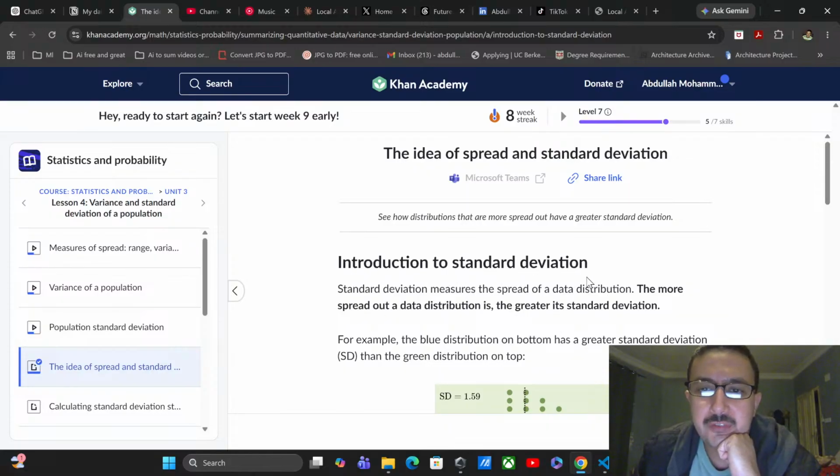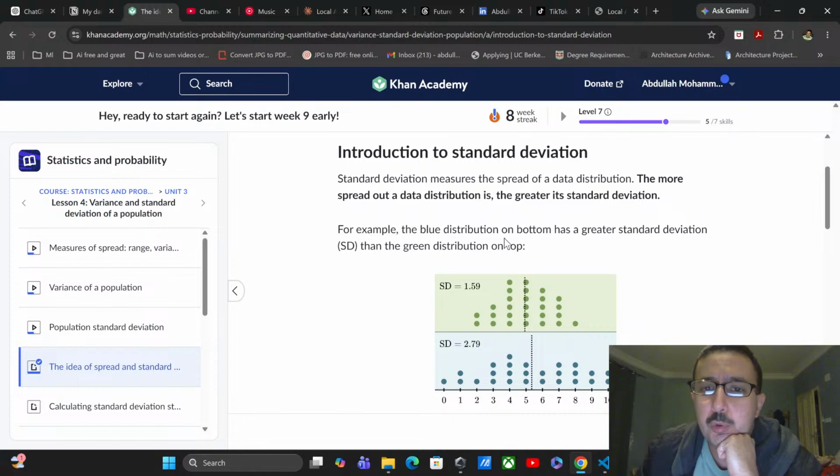Introduction to standard deviation. Standard deviation measures the spread of a data distribution. The more spread out a data distribution is, the greater its standard deviation.